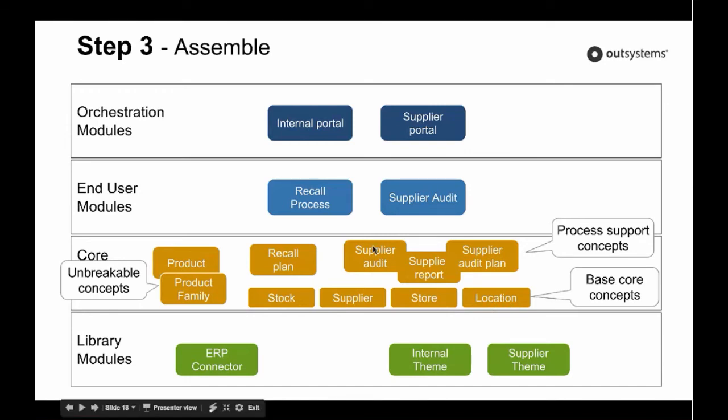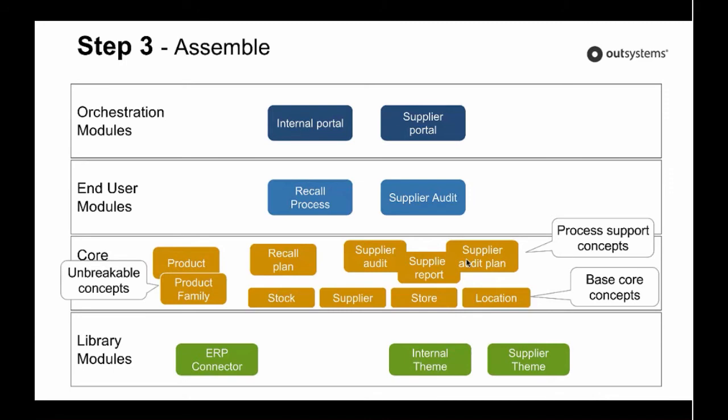And for instance, these three concepts here that we identified before are process support concepts, because they will support the supplier audit process only. So we know that strategically, this is not something to be reused everywhere, but only by this process. So they are correlated, and I'm putting everything together.